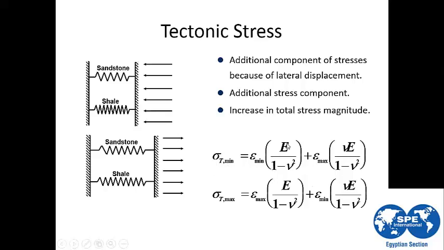We can calculate it from the Young's modulus and the Poisson ratio and the strain. This is the Young's modulus and this is the Poisson ratio, and this is the strain in the direction of the minimum horizontal stress, and this is the strain in the direction of the maximum horizontal stress.